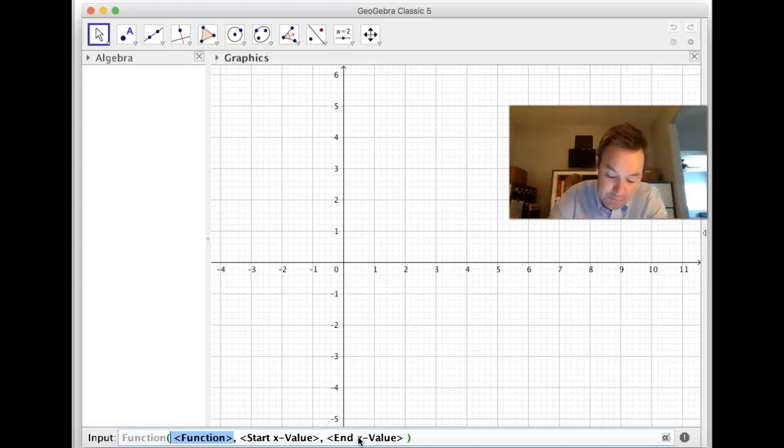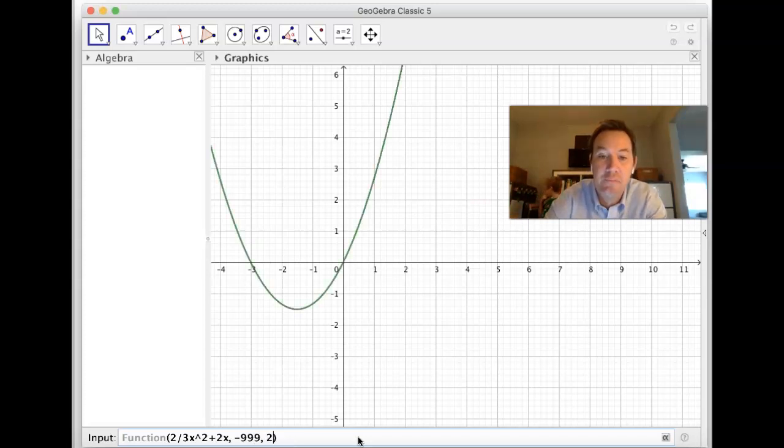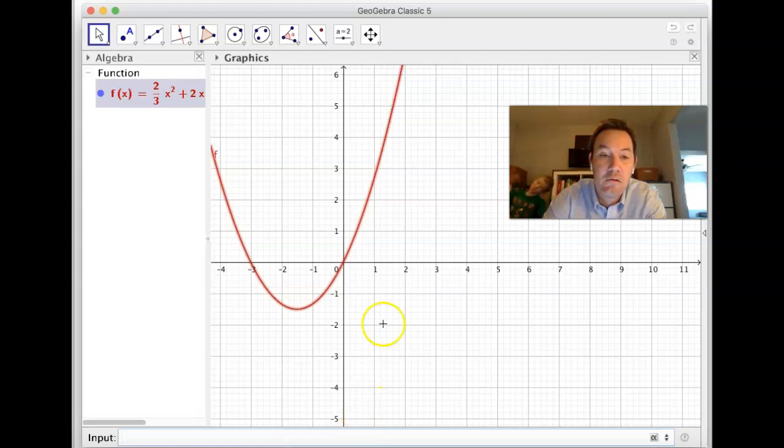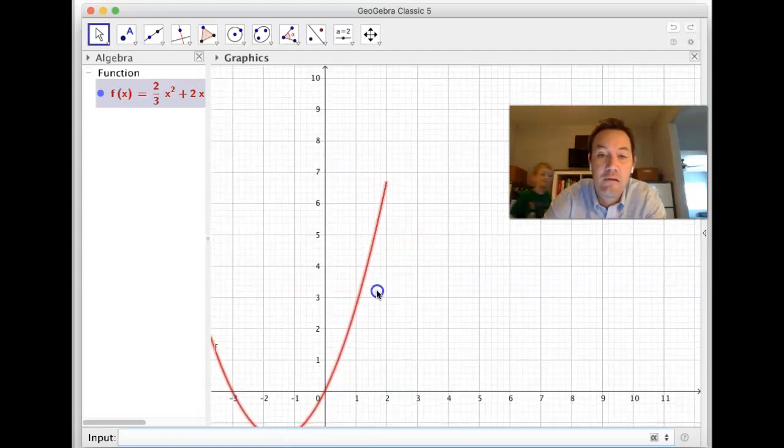The top piece would be 2/3 x squared plus 2x, when x is less than 2, so I'll go up to 2.